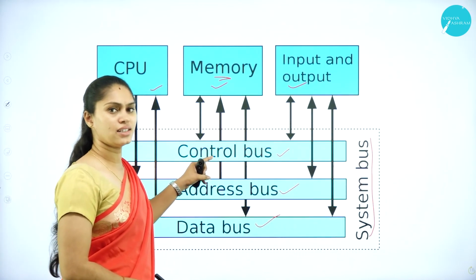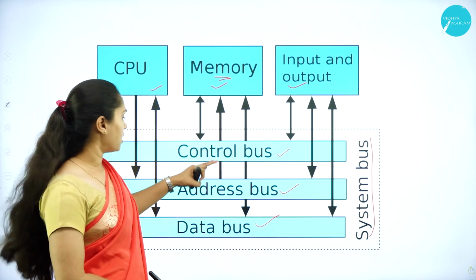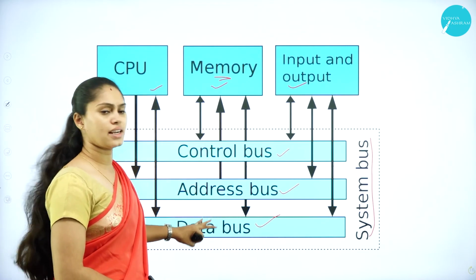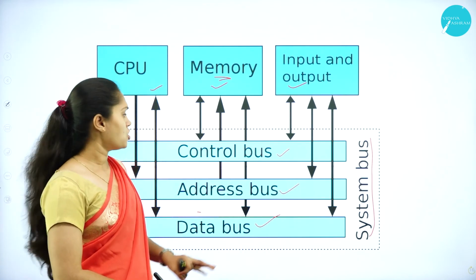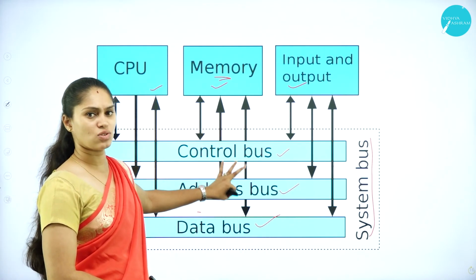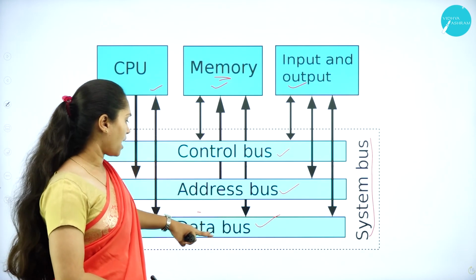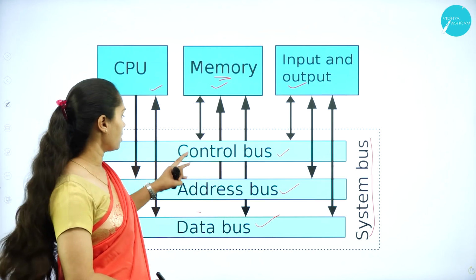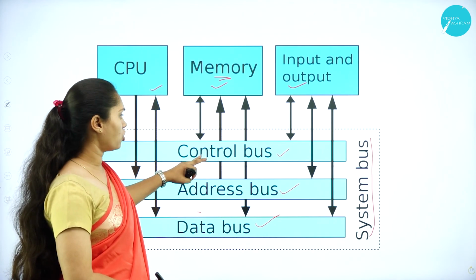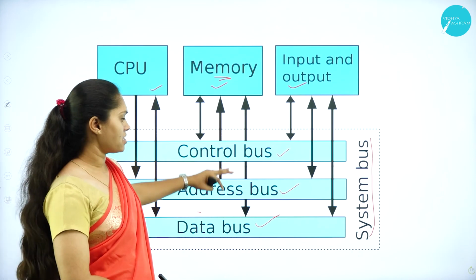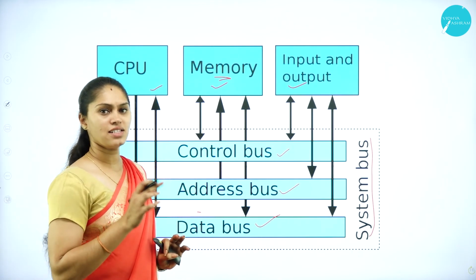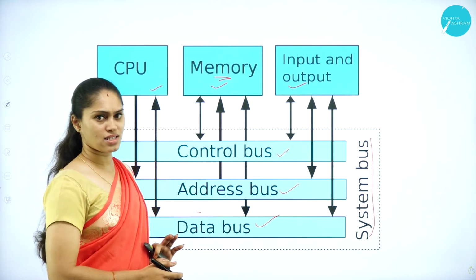That is nothing but a collection of the control bus, address bus and data bus, together known as the system bus. Here you can see the data transfer between the various types of bus. Coming to this control bus, it has a control over the address and data bus, or lines of the address and data bus, right?